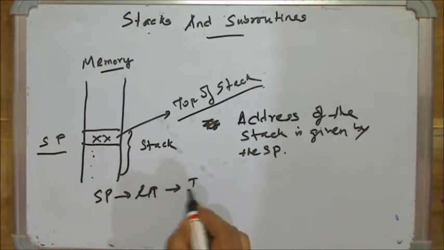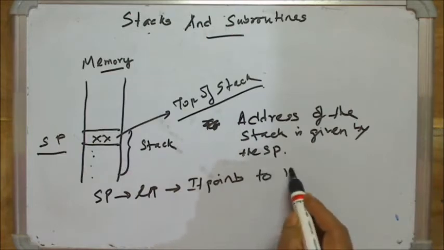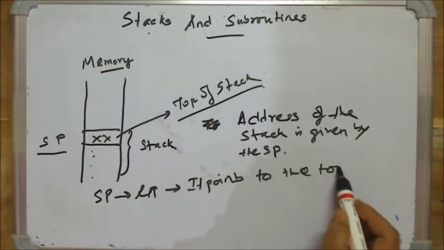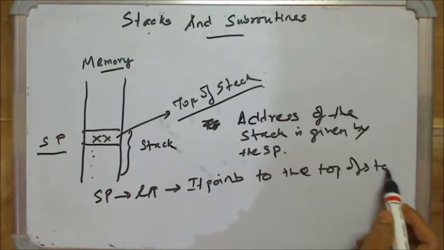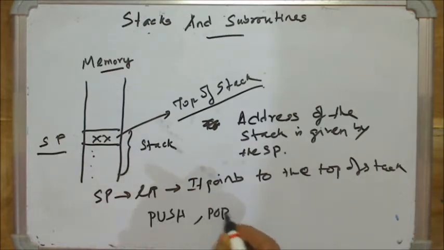SP is present in the microprocessor. It points to the top of the stack. Now you may ask, why are you interested in the top of the stack? Because we do push and pop, which can only happen at the top of the stack.